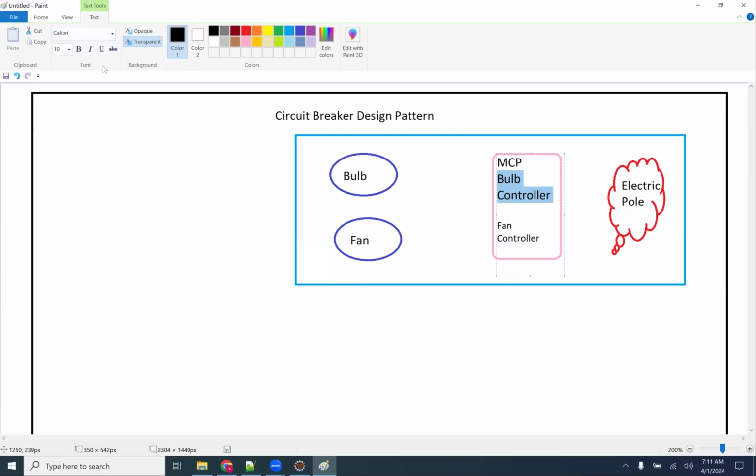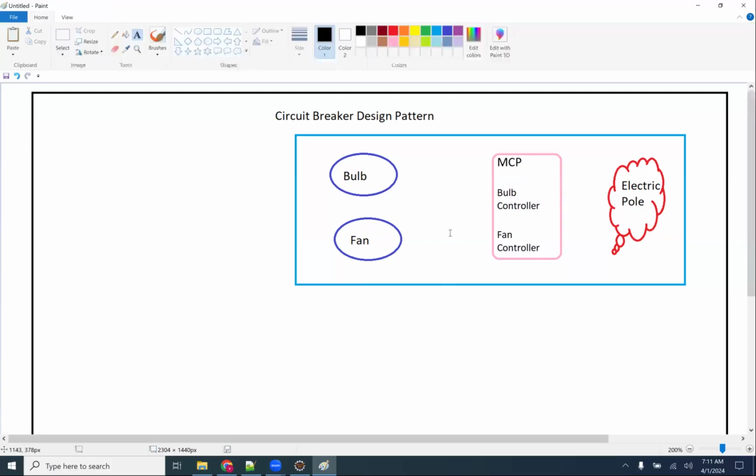So there are two controls here, bulb controller as well as fan controller.